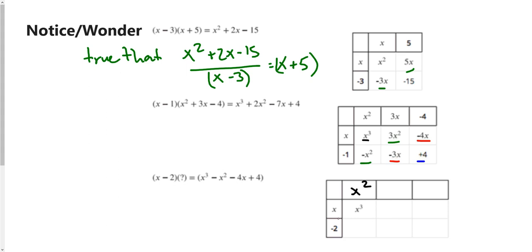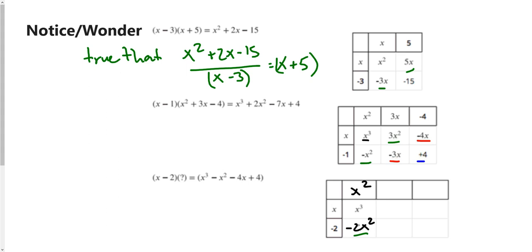Now, what if we said, what goes in this box here? Well, we know x squared is in the top, right? So minus 2x squared, negative 2 times x squared. Boom. Now, at first, it looks like that's all that we can fill in. But remember, there are like terms here.